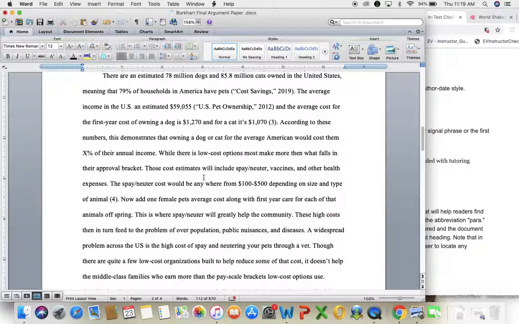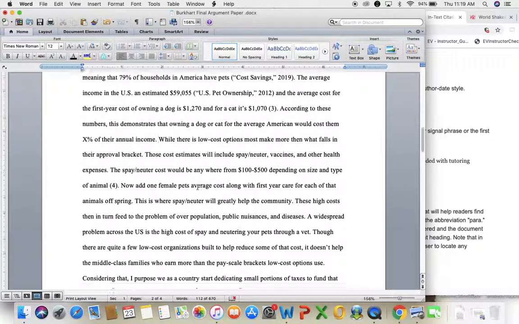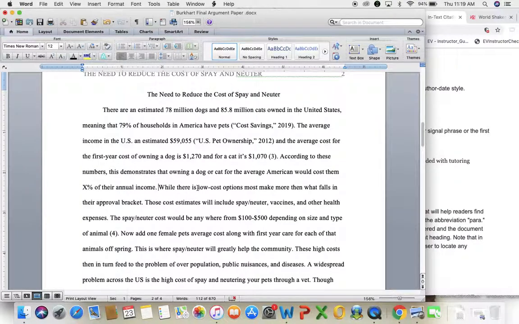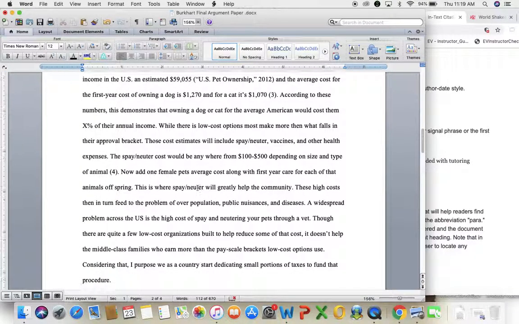And then from there, because what I've done is I've joined those 2 first paragraphs, you would need to go through and make sure everything makes sense. So from where I would go from here is straight into the spay and neuter.